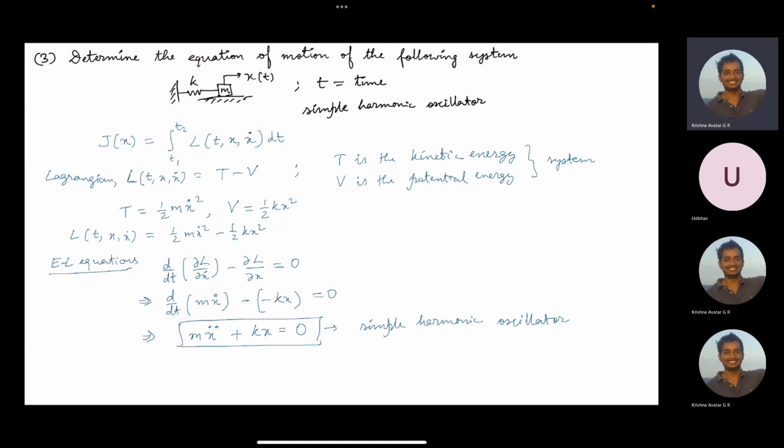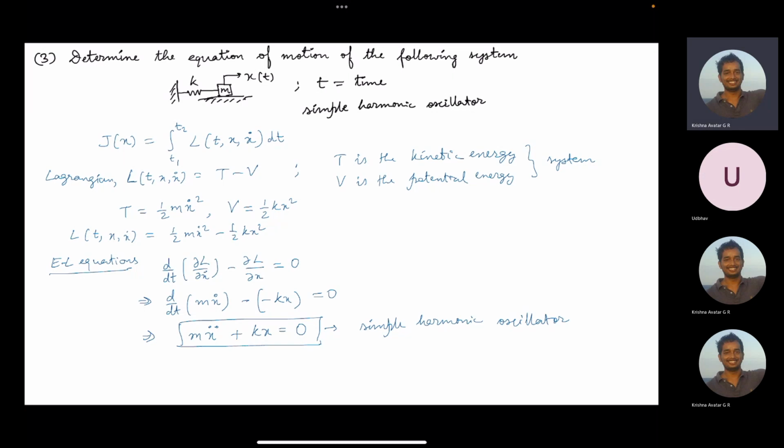This can be stated as trying to extremize the action of the motion of this mass. This L, which we also call the Lagrangian, is expressed as T minus V. T is the kinetic energy and V is the potential energy of the system.